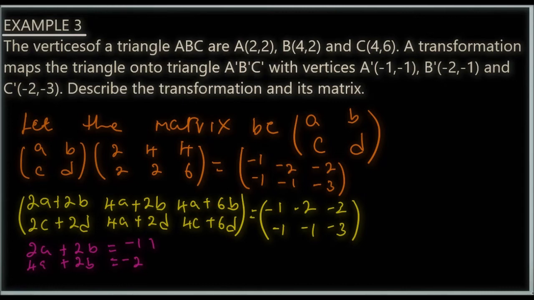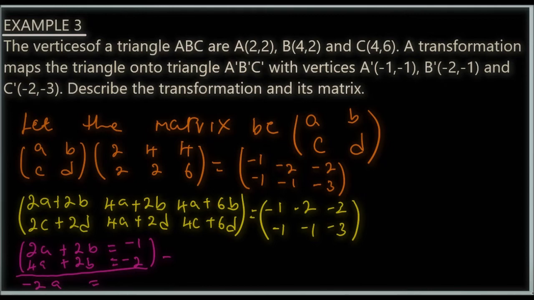So we have formed two simultaneous equations which we can solve, and because 2b and 2b are the same, we can eliminate by subtracting. So this will give us -2a is equal to -1 minus 2.